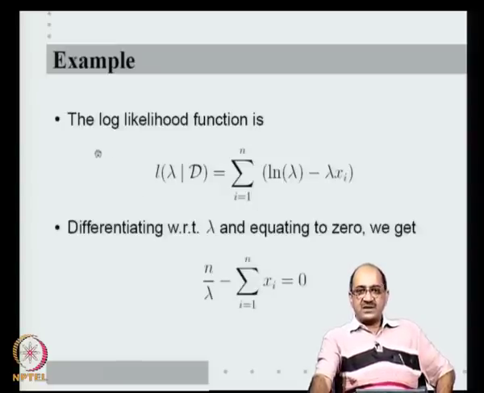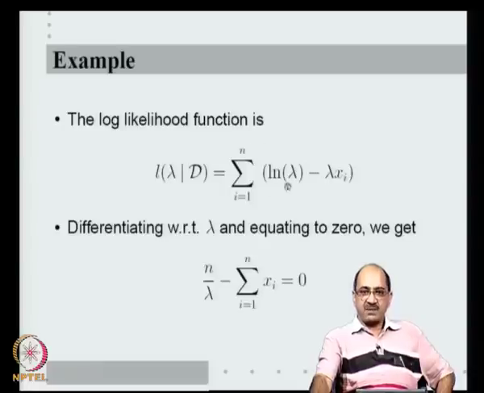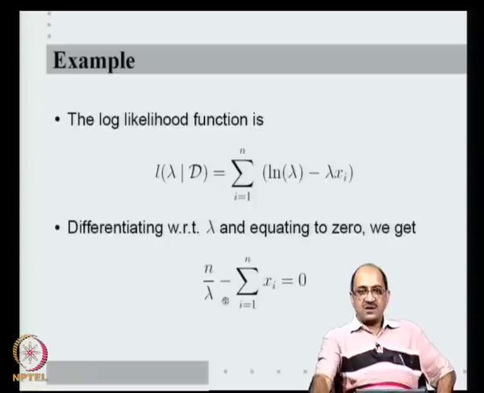So, for that we differentiate this with respect to lambda. The first term will give me 1 by lambda and there is the summation, so there will be n such terms. So, I will get n by lambda. The second term is minus lambda summation x i. If I differentiate that with respect to lambda, I get minus summation x i. So, differentiating with respect to lambda and equating to 0, I get this. Now, this I can solve.